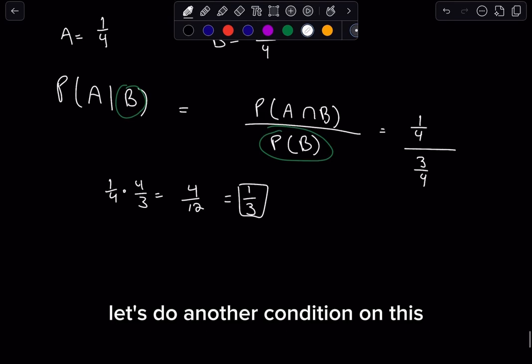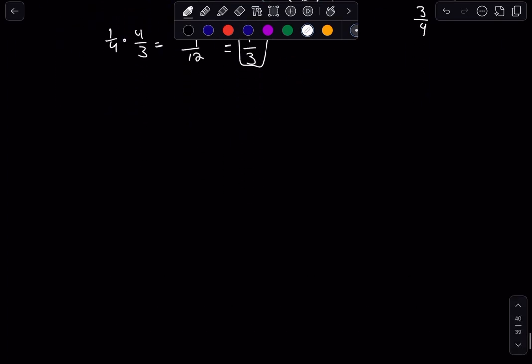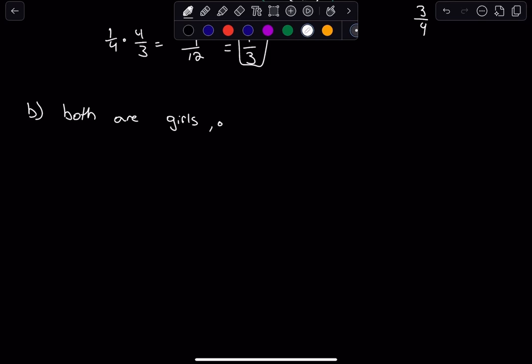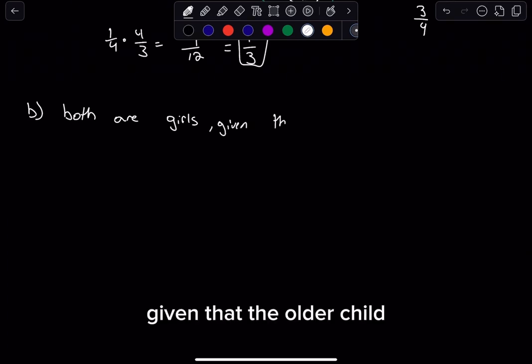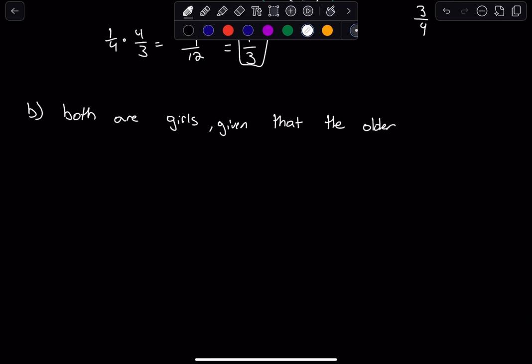Let's do another condition on this. Both are girls, given that the older child is a girl.